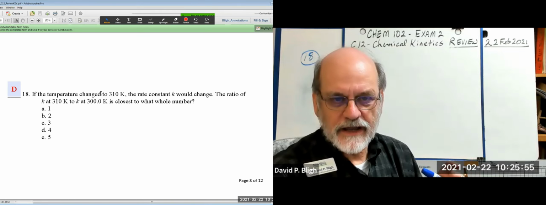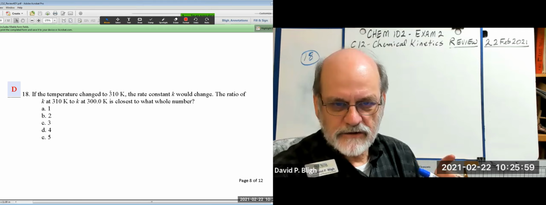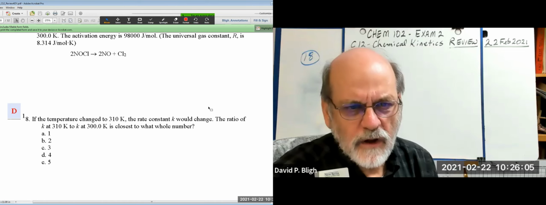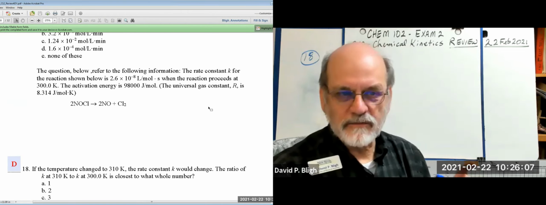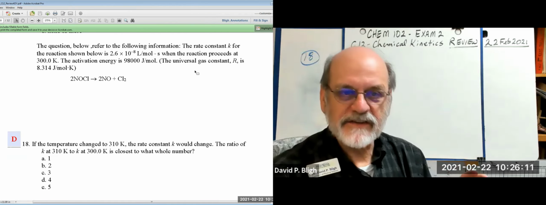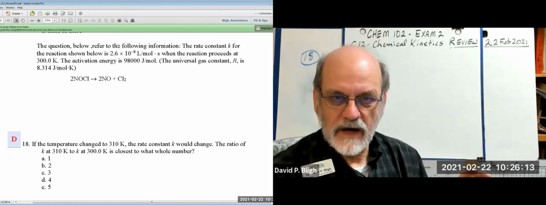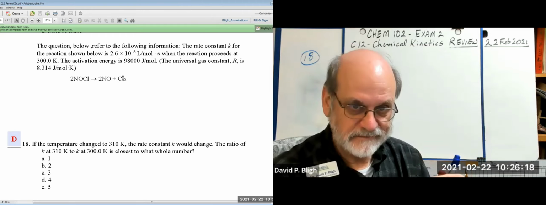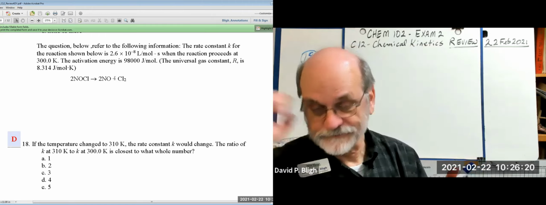If the temperature changed to 310 K, the rate constant K would change. Hold on a second. We need more information. This is the beginning of the problem.